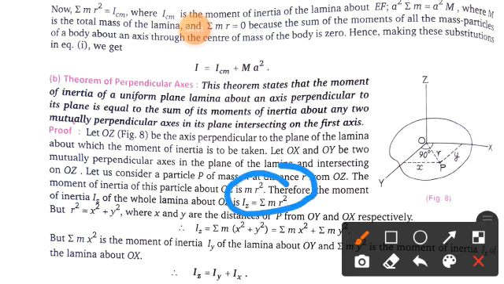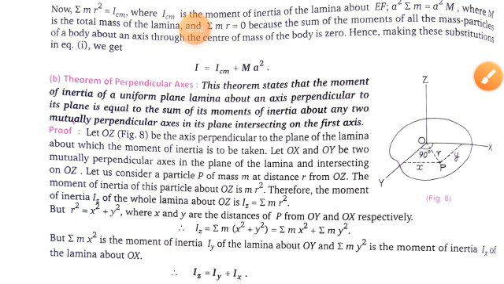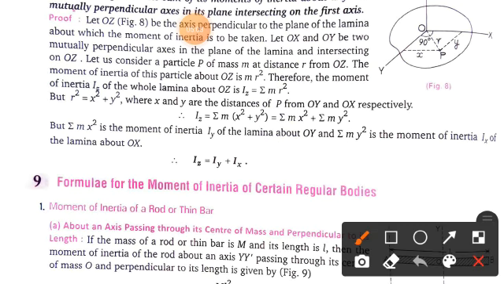But you know very well, from this figure, r square equals x square plus y square, where x and y are the distances of P from OY and OX respectively. So Iz equals summation of m(x square plus y square), or you can separate them: summation of m x square plus summation of m y square.